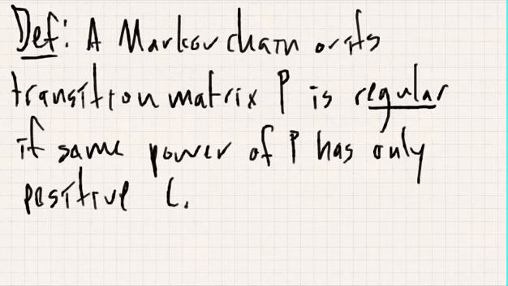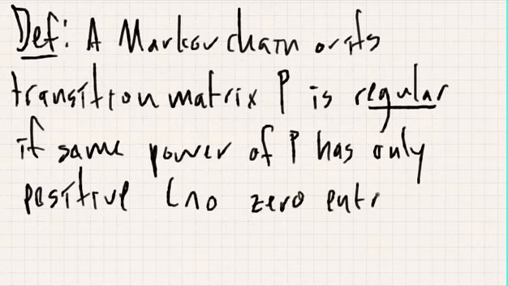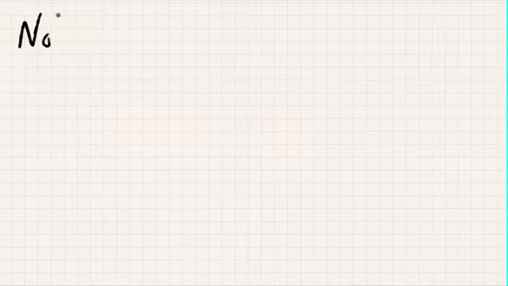In other words, no zero entries. Because all the entries are bigger than or equal to 0, we're just saying that some power of P has no zero entries. Well, let's note something.